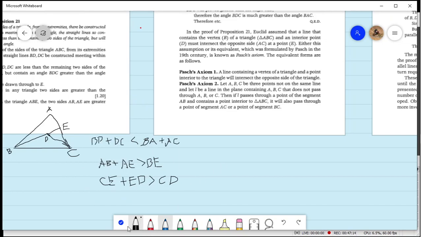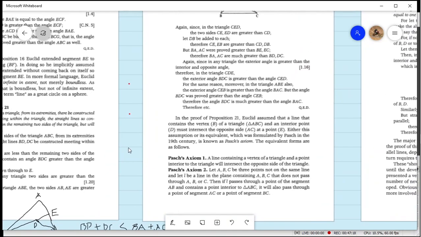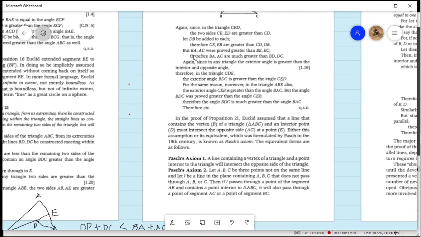But BA plus AC was proved to be greater than BE plus EC.